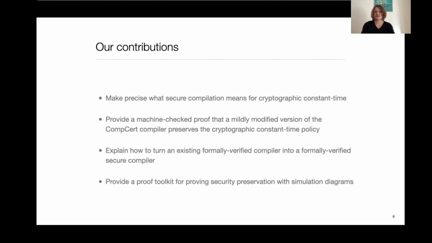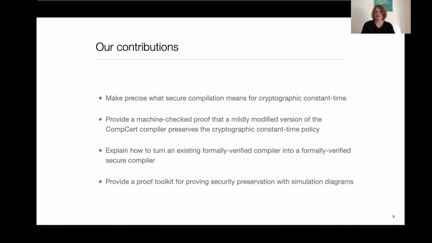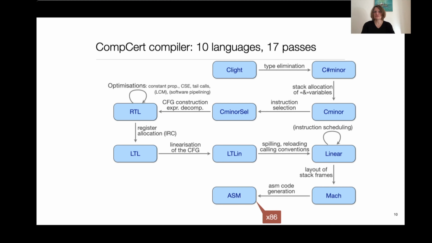The challenge was to reuse existing proofs as much as possible without breaking them. Our last contribution is a proof methodology for doing such a thing, and we hope to reuse it for other security policies. So first, I will give some background on CompCert.